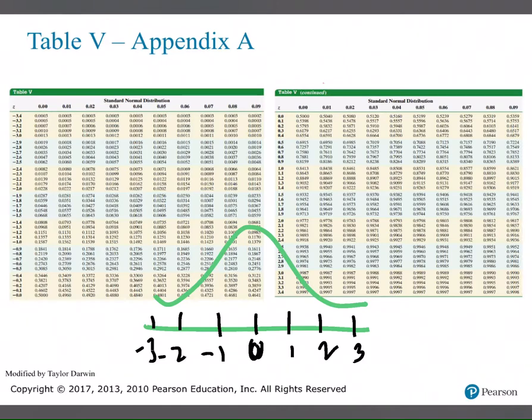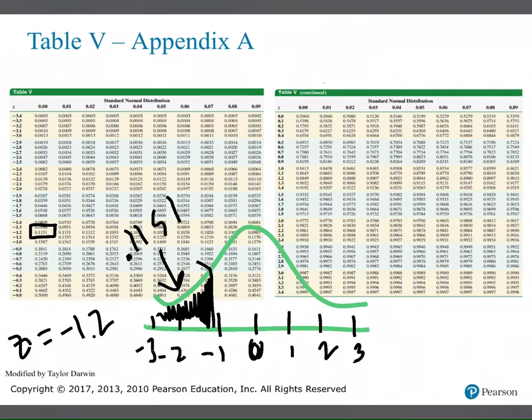So again, let's say I had a z of negative 1.2, which is about right here. That number that you're given represents that area. Negative 1.2 is 0.1151. So the area to the left of negative 1.2 is 0.1151 or 11.51%.